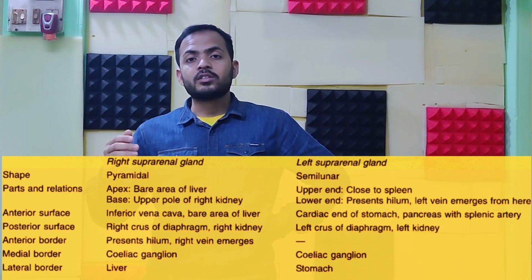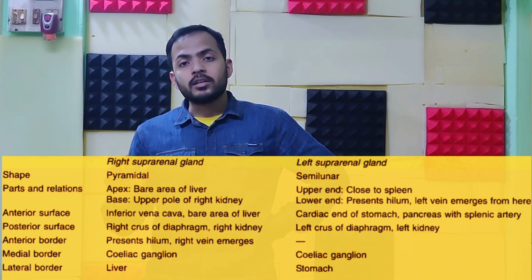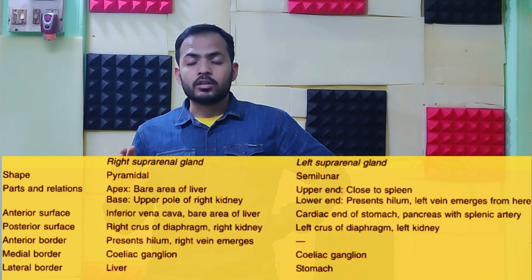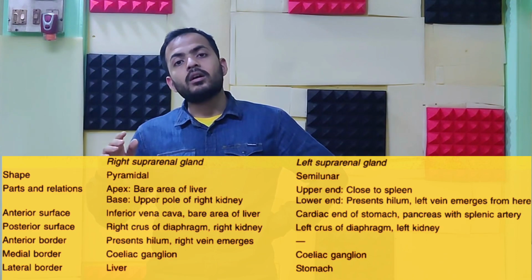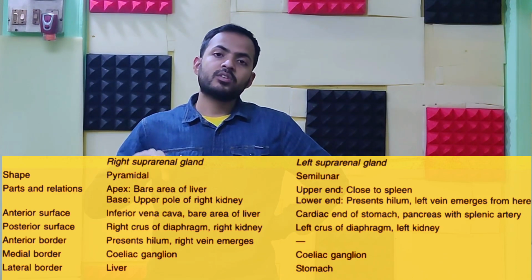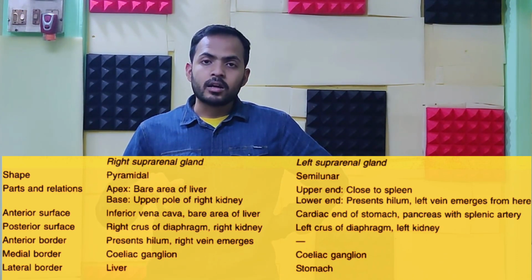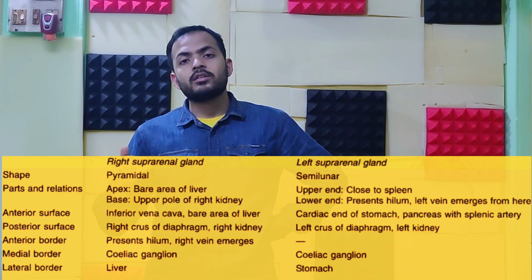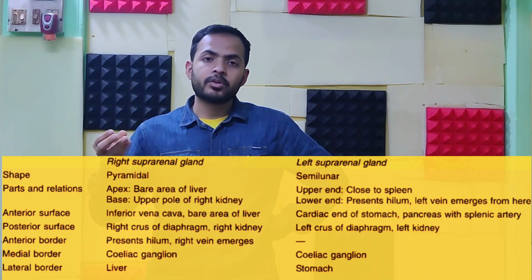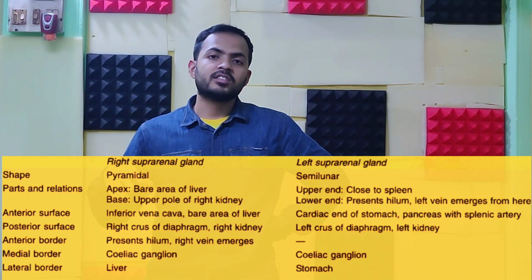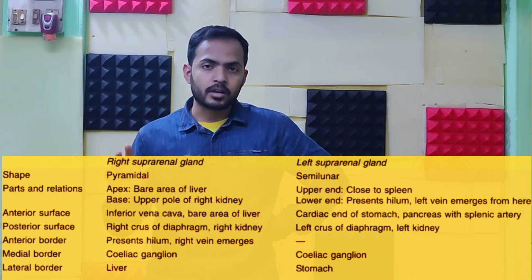The posterior surface is related with the right kidney and the right crus of the diaphragm. The lateral border is related with the liver, the medial border is related with the celiac ganglion, and the anterior border has no relation because there is the hilum. Hilum means the entry and exit point of the vessels and nerves for the adrenal gland.